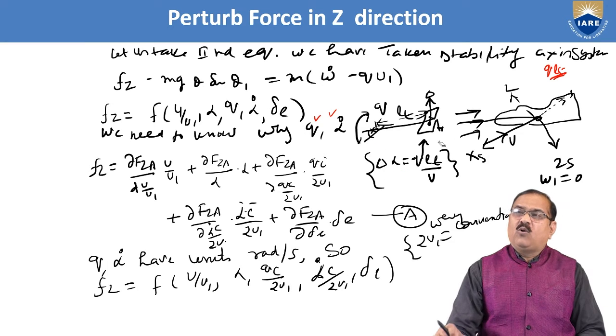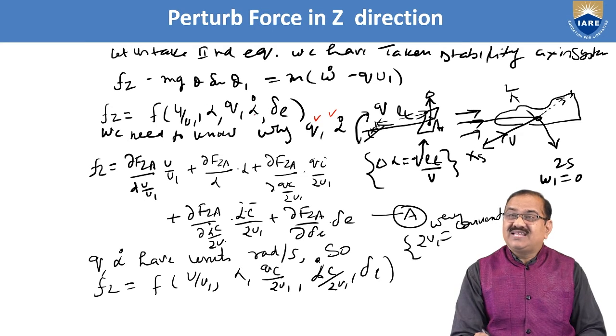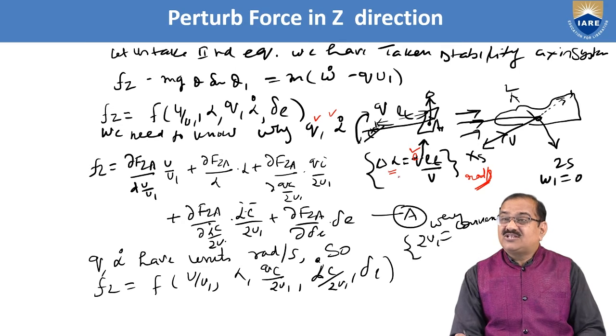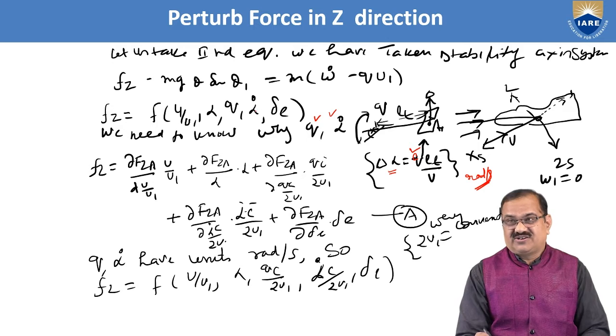We have to understand why we are taking alpha dot and q, because alpha dot depends upon time, and you can see this alpha is directly related to q, and q is in radian per second. So this alpha dot will also change with respect to time. That is called alpha dot.